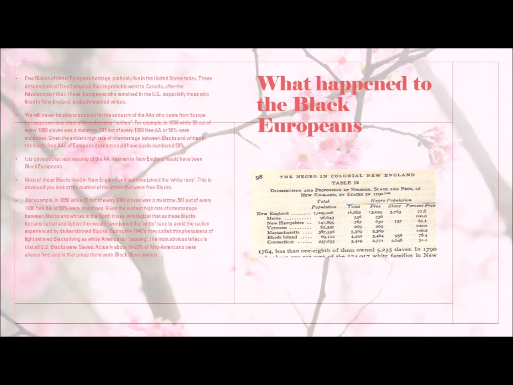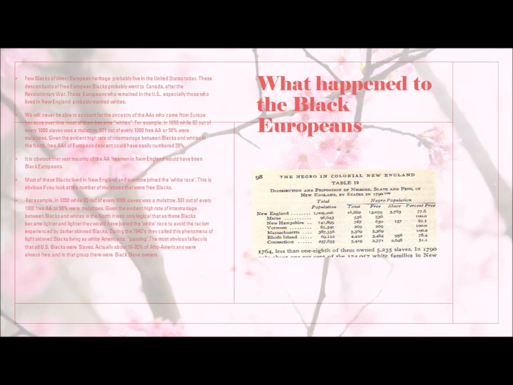Given the evident high rate of intermarriage between Blacks and whites in the North, it was only logical that as these Blacks became lighter and lighter, they would have joined the white race to avoid the racism experienced by darker-skinned Blacks. During the 1940s, they called this phenomenon of light-skinned Blacks living as white Americans passing.